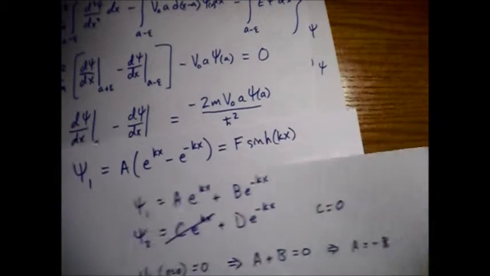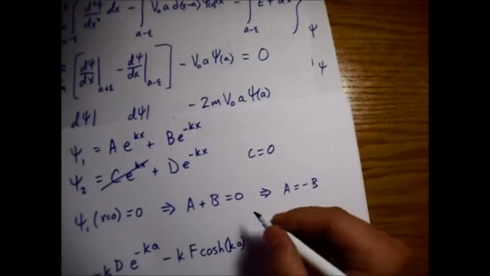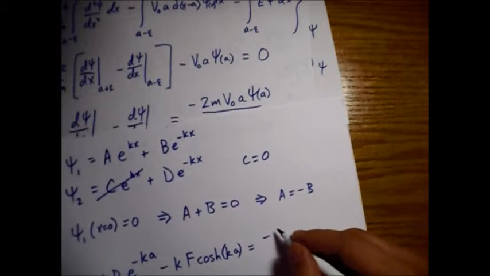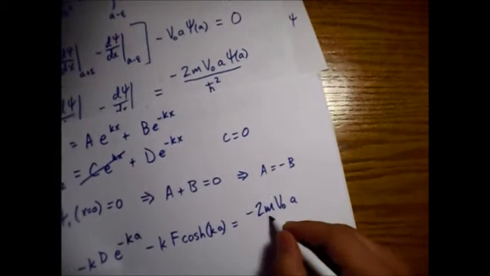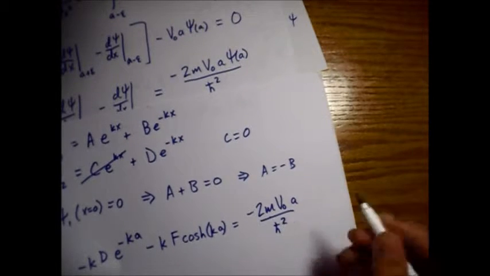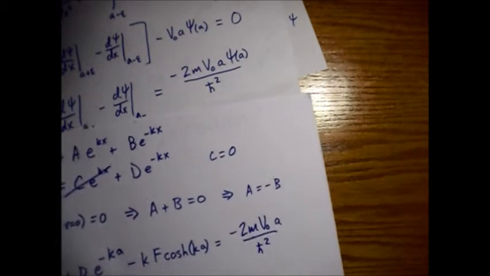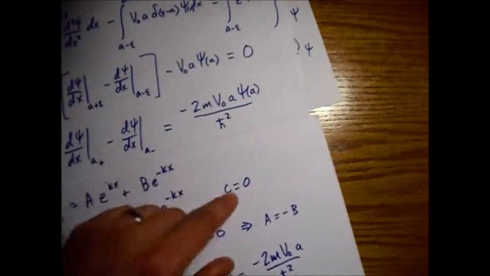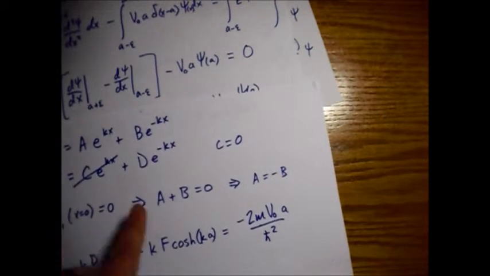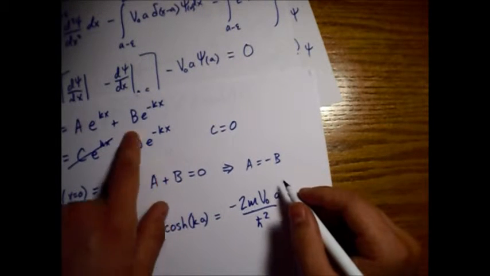Obviously, we're going to go with the easier one. All right, so we have a minus 2m V naught a over h bar squared, and then we're just going to put in psi 2 because it's simpler.